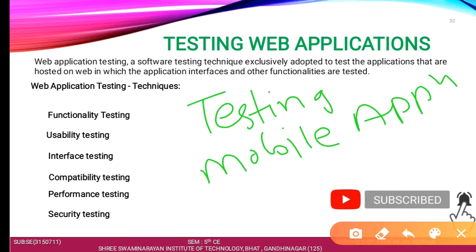There is a change in the behavior and usage pattern for mobile applications. Testing a mobile application is more complex and time consuming as compared to traditional desktop or web application testing.